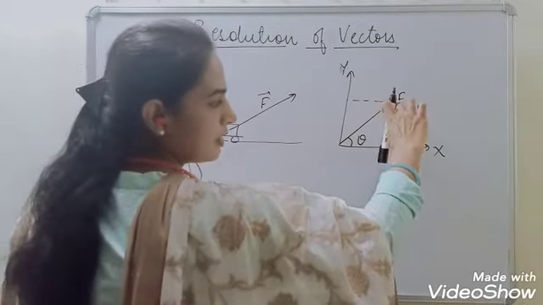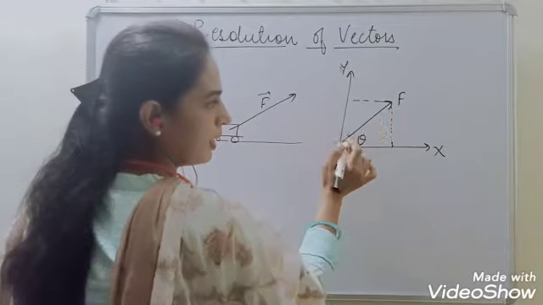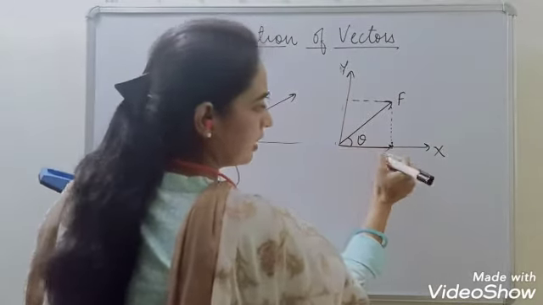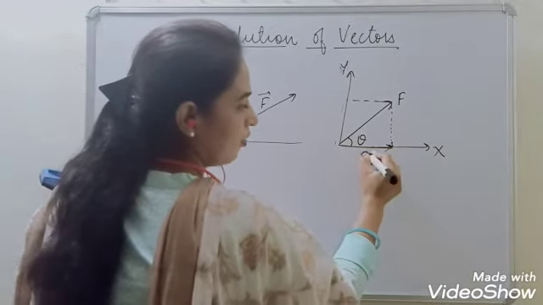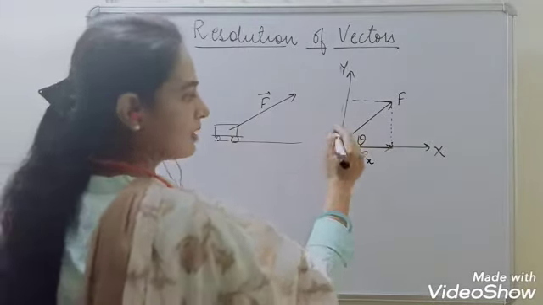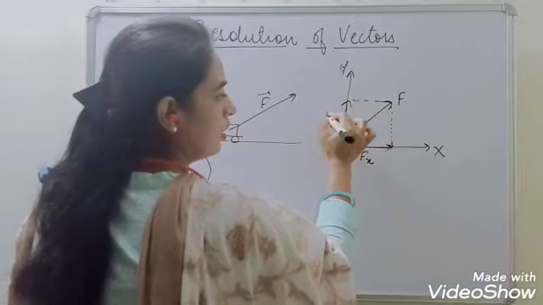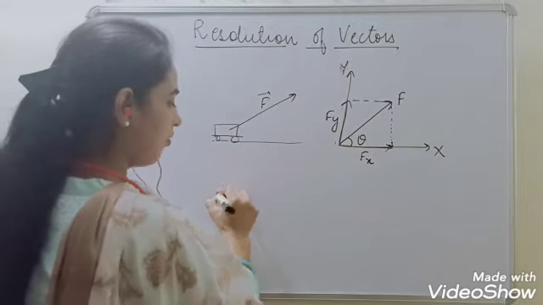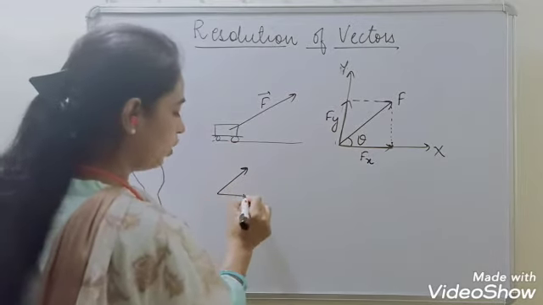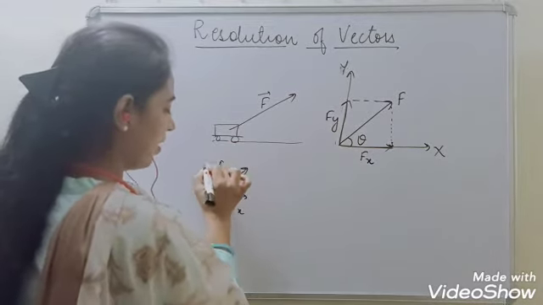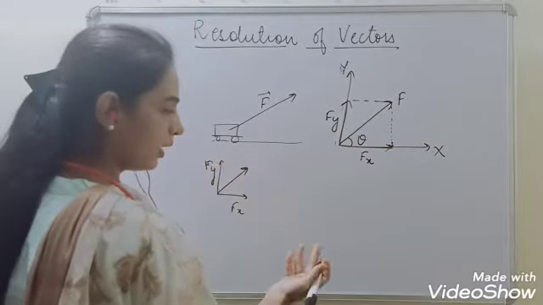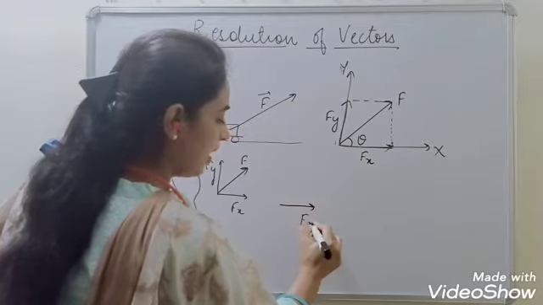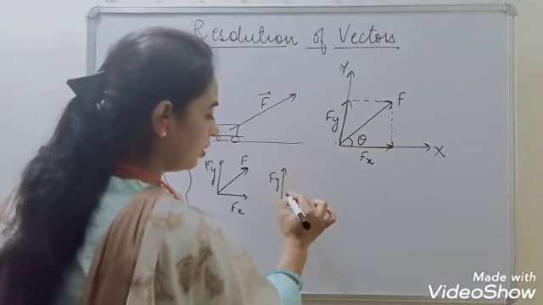This portion is known as Fx, the x component of F, and this portion is called Fy, the y component of it. I can say F can be divided into two components, Fx and Fy, or that F is made out of two components. When you join Fx and Fy, you get F.